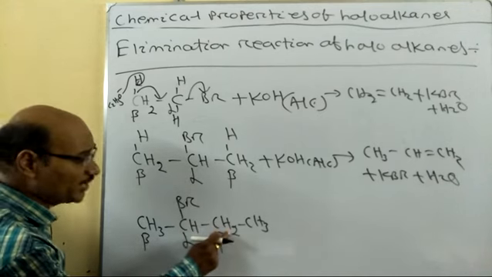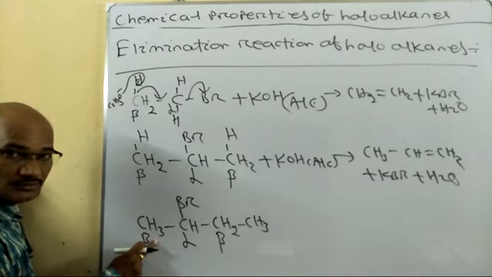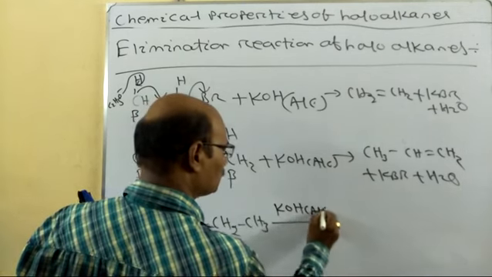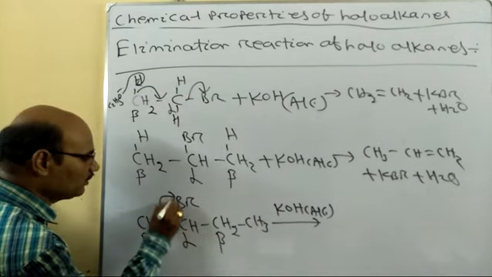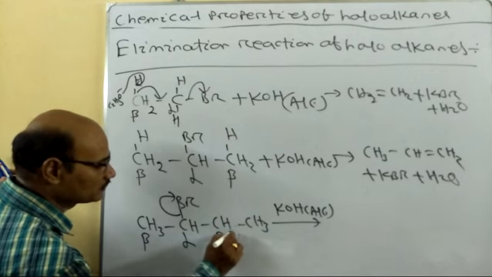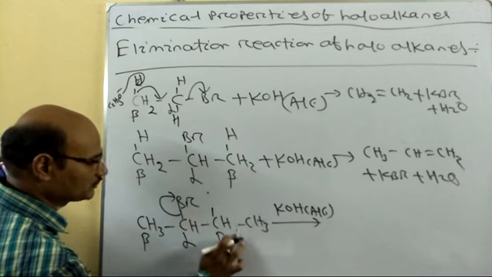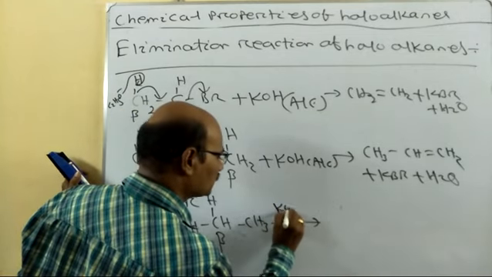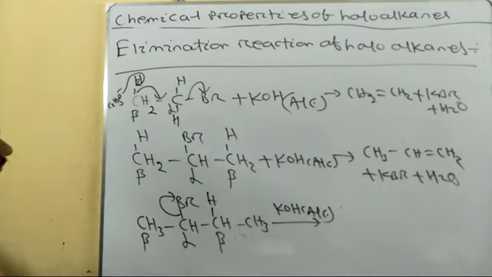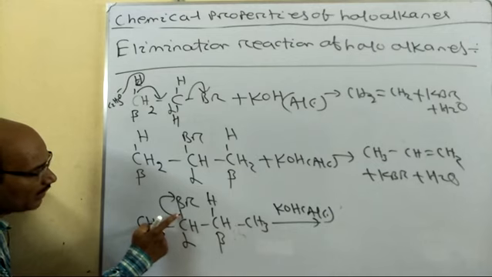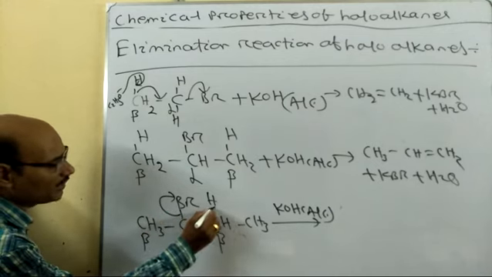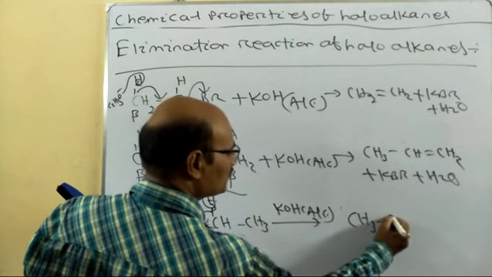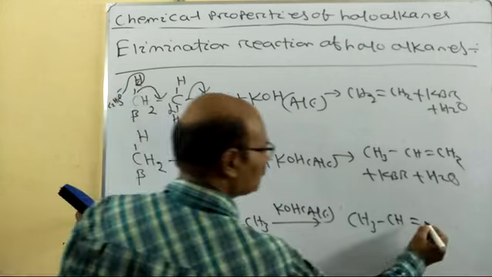This beta carbon contains 2 hydrogen atoms, and the other beta carbon contains 3 hydrogen atoms. With alcoholic KOH, the alpha hydrogen atom is eliminated together with a beta hydrogen. Going one way, we get CH3CH=CHCH3.